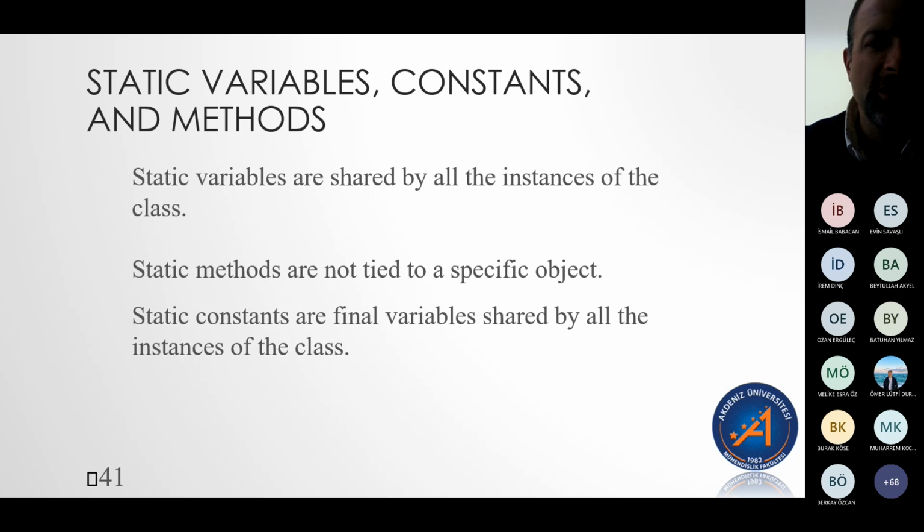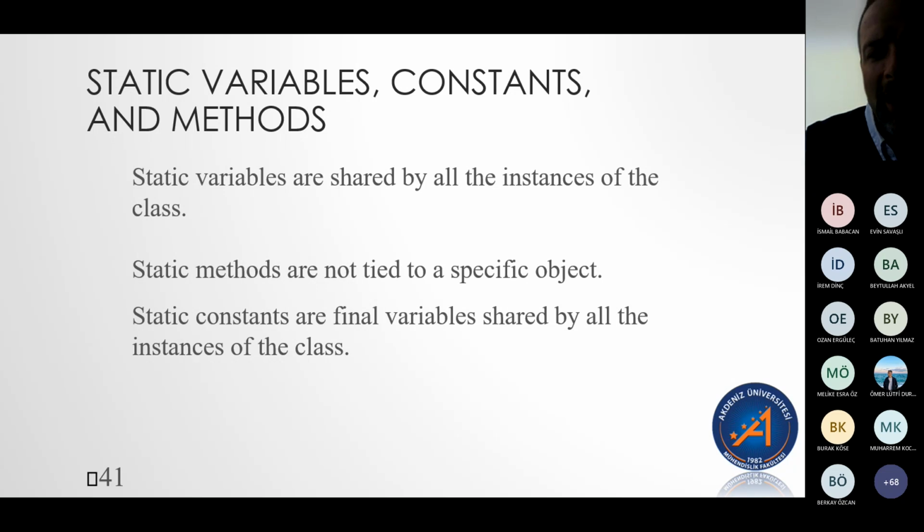Static variables are shared by all the instances. Static methods: this is where it's more important to know what the static keyword does. Static methods are not tied to a specific object, just like last semester when you created public static methods, you could use them without creating an object of that type.